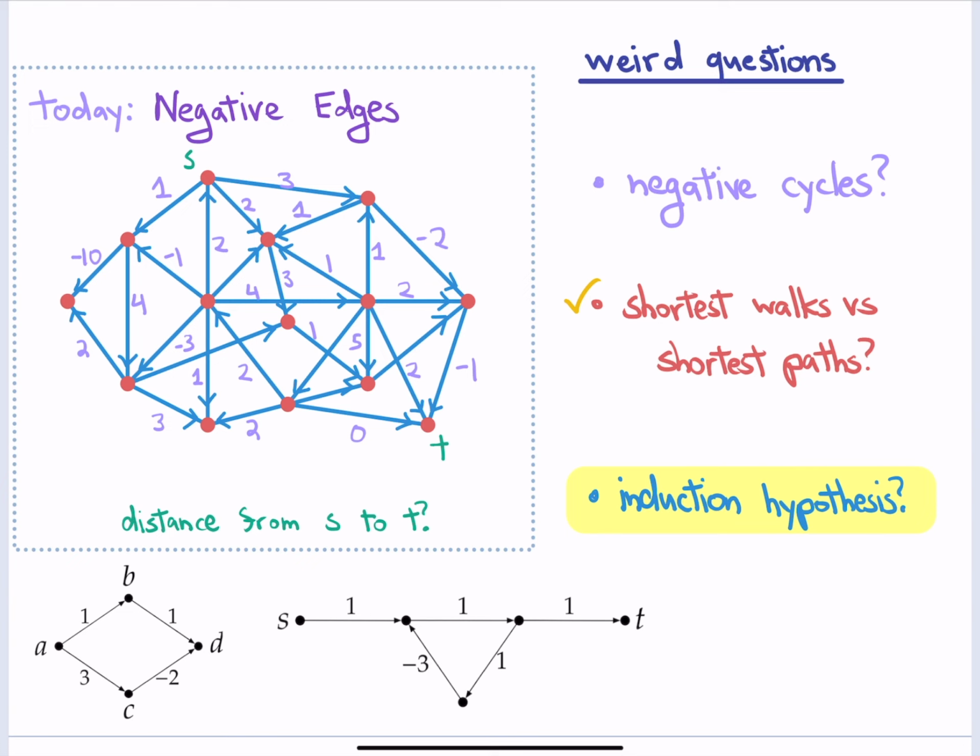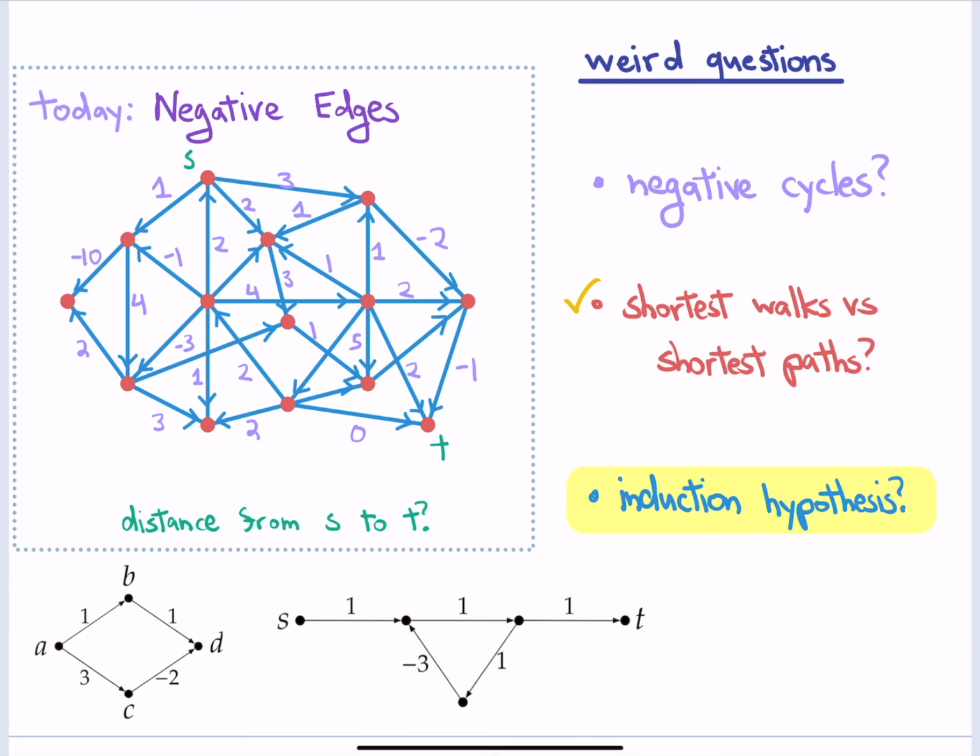Case two is that the distance is finite, in which case there may be walks that are good too, but there's also a path that's minimal. Case three, the distance is negative infinity, in which case there's really no walk that gets you negative infinity. You can get arbitrarily close because you're using some negative cycle along the way. So it really breaks down into only three possibilities. So I think the answer to your question is no.